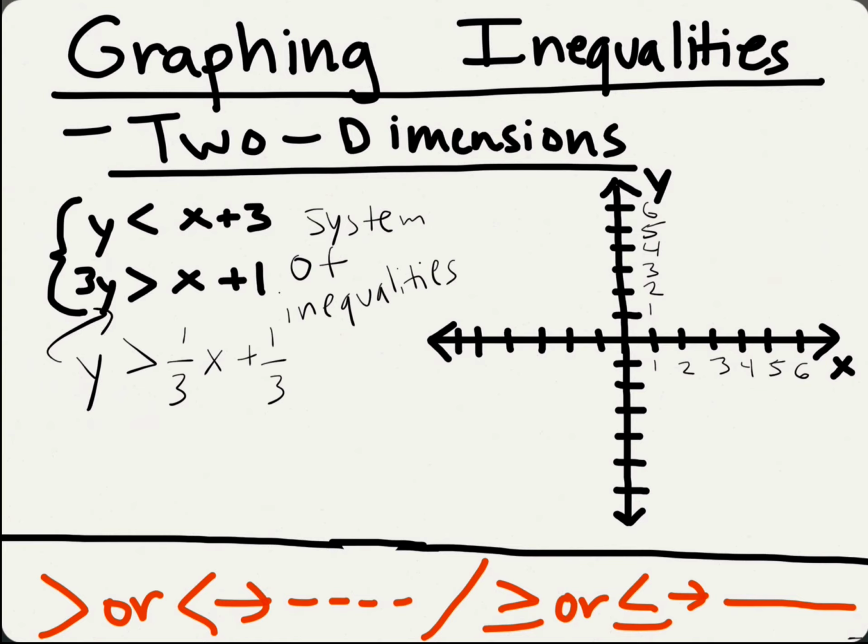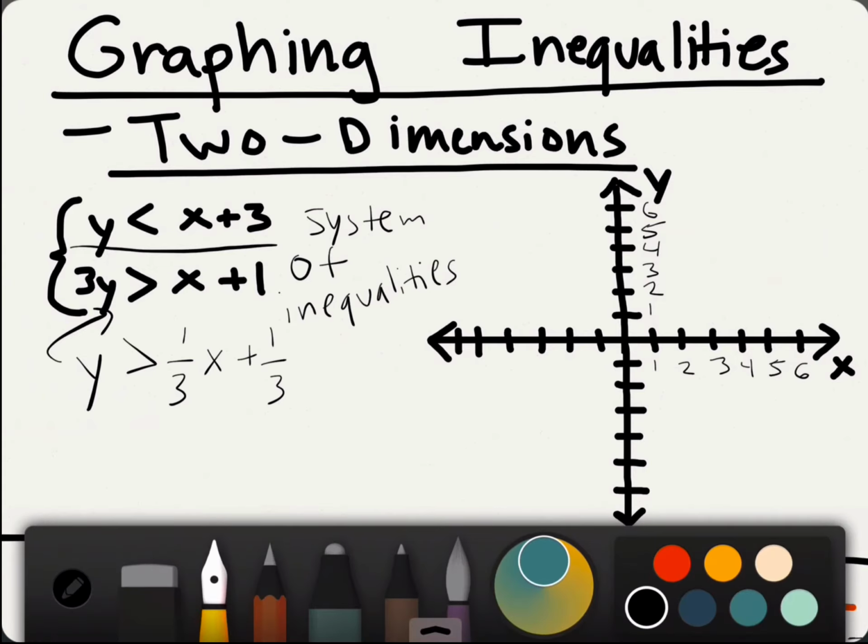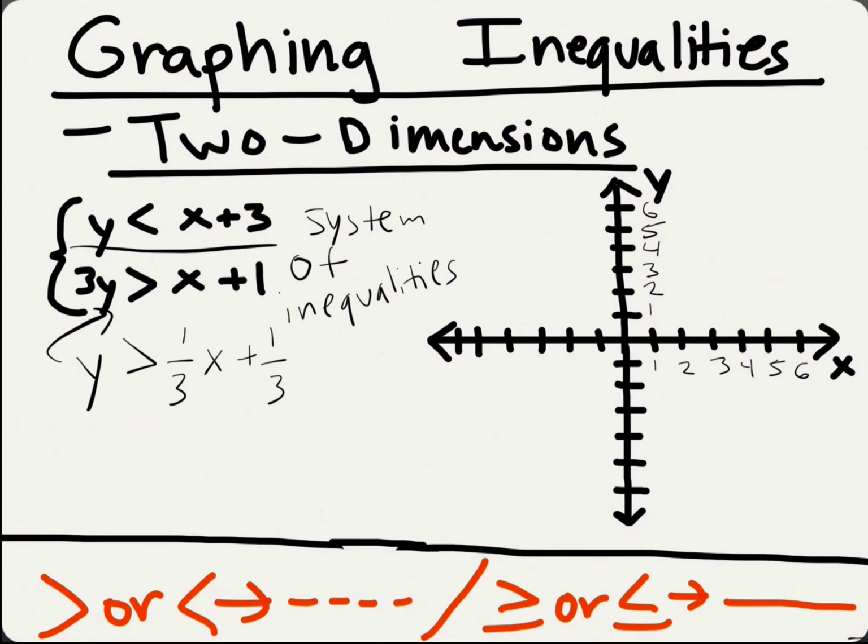So then let's graph the first: y is less than x plus 3. For the first step, we're treating this exactly like we're graphing a normal equation on xy axes. So here we go. Let me change my pen color.